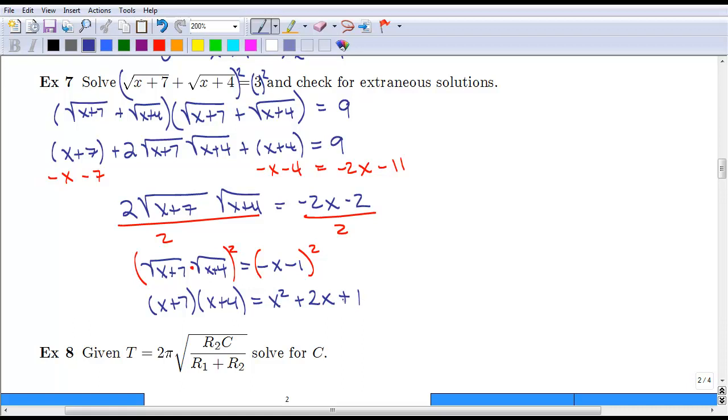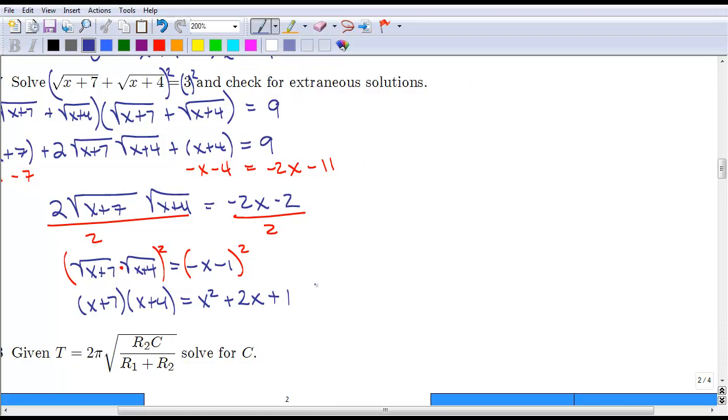So now we need to keep going here. We're not done yet. When you multiply out x plus 7, x plus 4, you get x squared plus 11x plus 28. And still on the other side, we have x squared plus 2x plus 1.